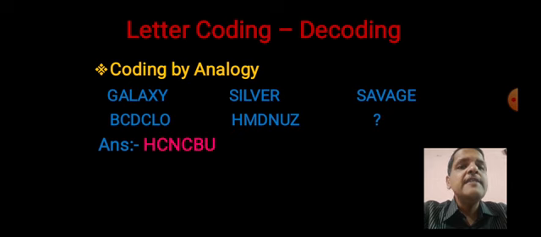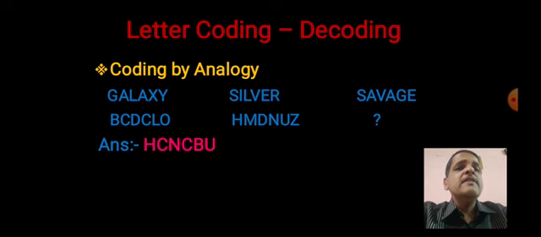In GALAXY, second, C. Then for G, what is used? B. For E, what is used? Second last in SILVER, which is U. So the code for SAVAGE is HCNCBU. Like that coding-decoding is used.